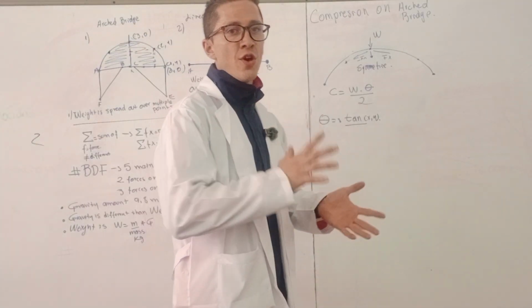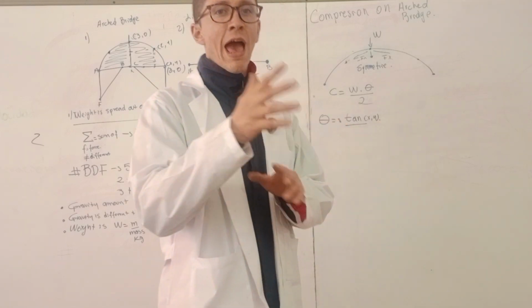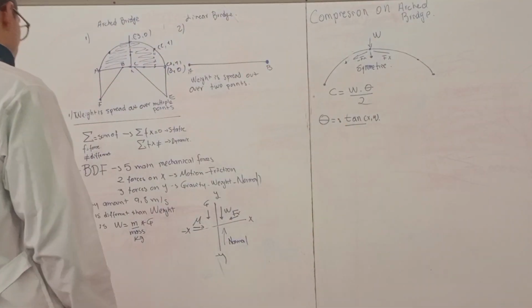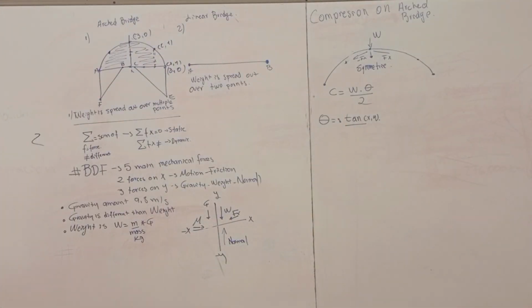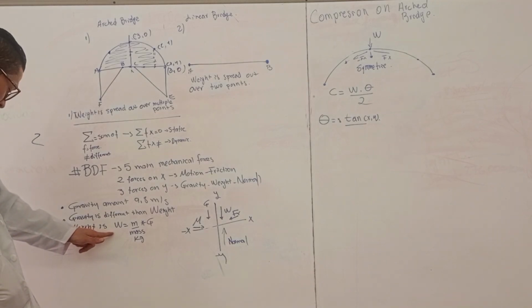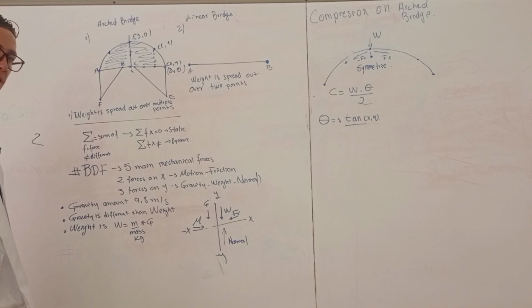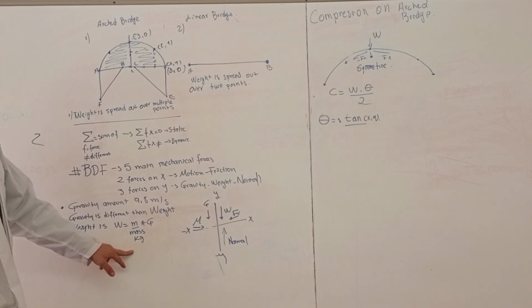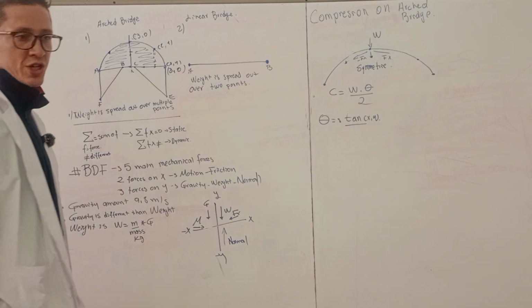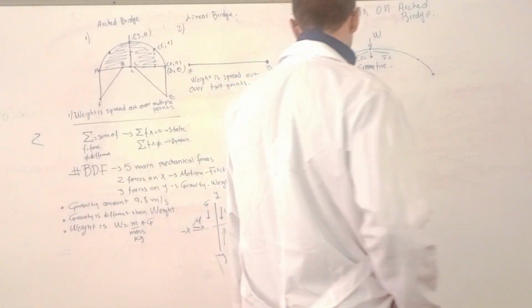Don't confuse or mix the concepts of gravity and weight. Please be aware of this. The equation of weight is mass times gravity. The mass must be in kilograms, and the gravity, obviously, in meters per second squared.